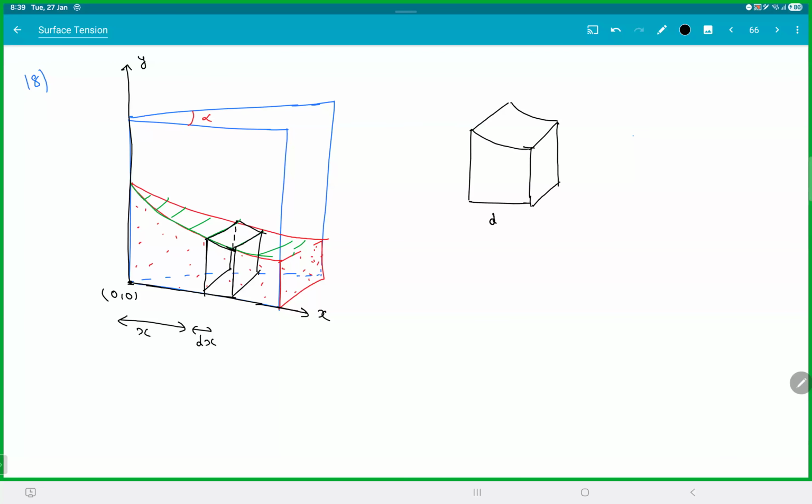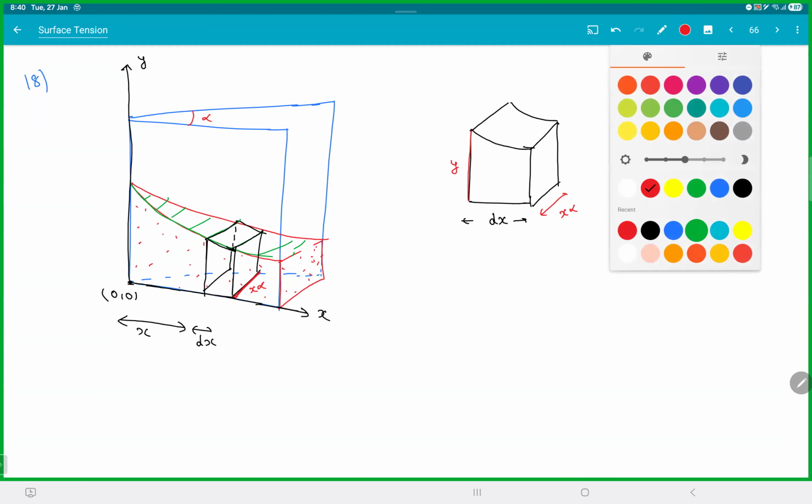So this is the dx. If that is x, then this length will be x alpha. That is your arc length, isn't it? This is your y, the height.